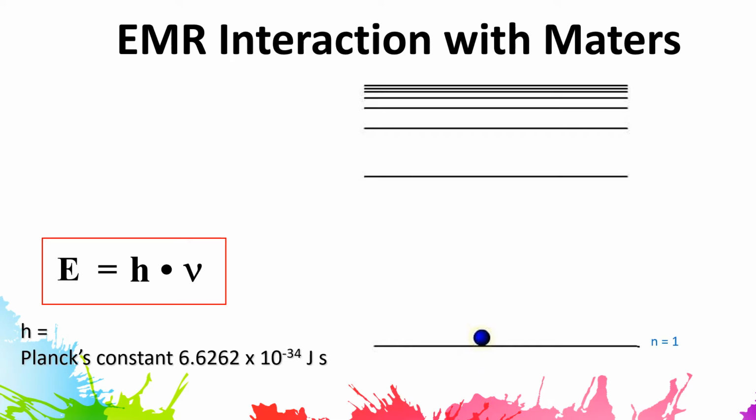I give a number for these energy levels: n is 1, n is 2, n is 3, n is 4, and so on to an infinite number of energy levels in a single atom, in which an electron can exist, as we studied in Bohr theory. So this electron can exist in any of these energy levels, but it cannot exist in between two energy levels. It can exist only in these energy levels.